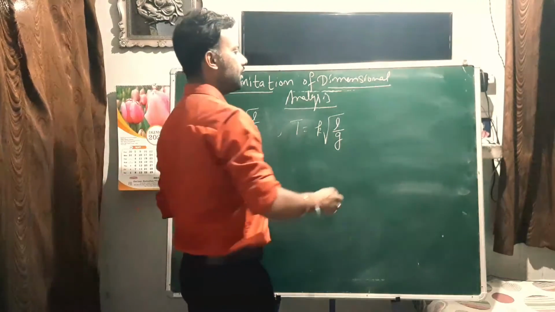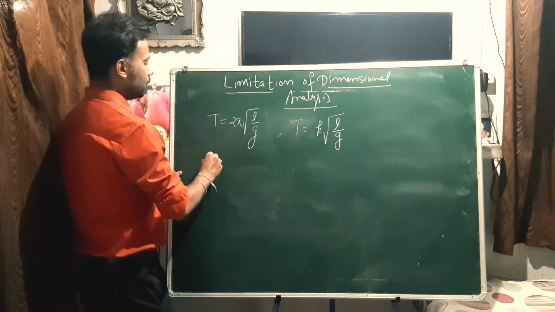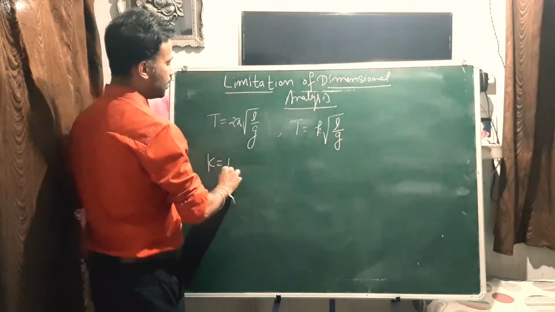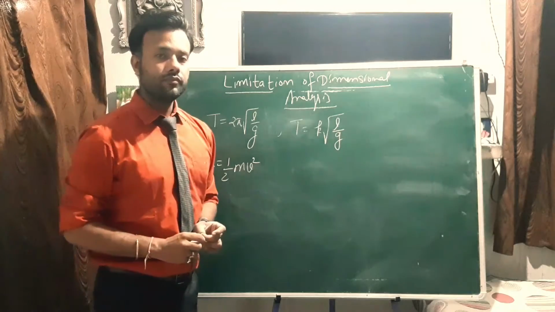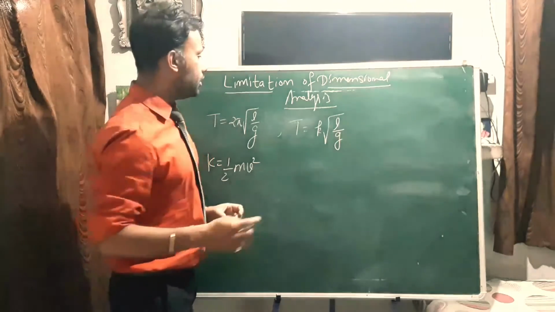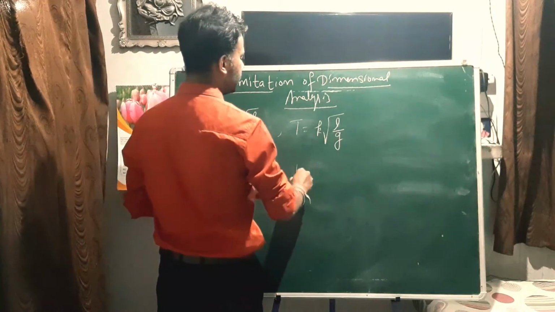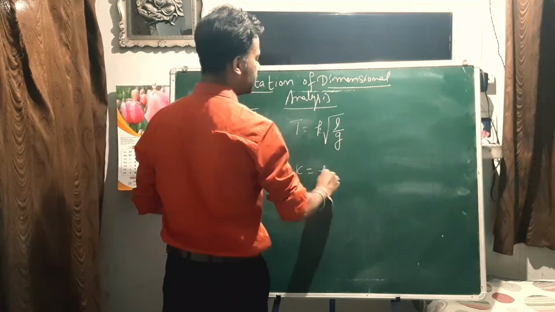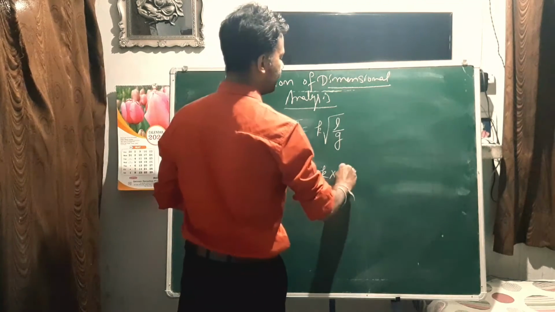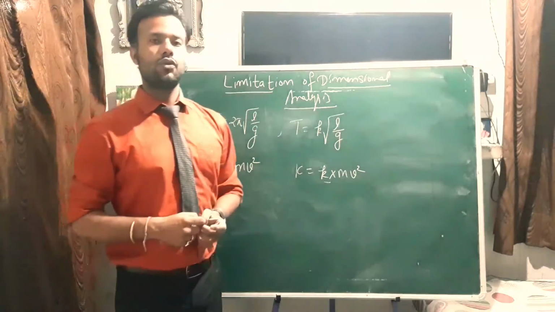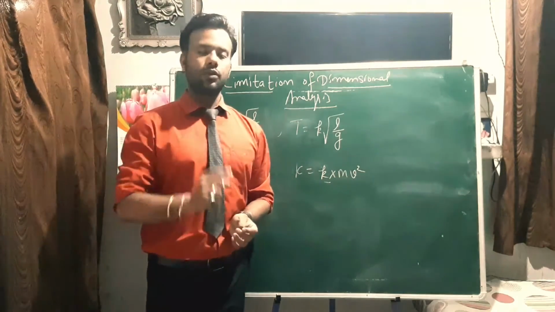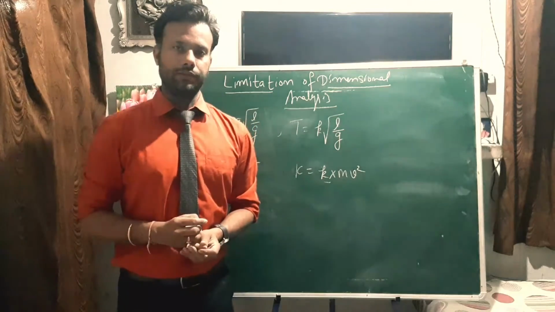Similarly, when we calculate the formula of kinetic energy, which is half mv square, by this method we get K equals constant k into mv square. We can't find the value of the constant here. So this is one limitation of this method.